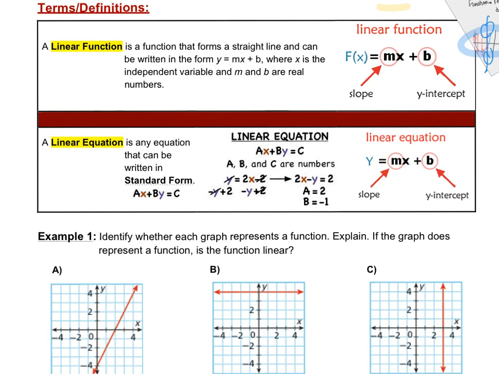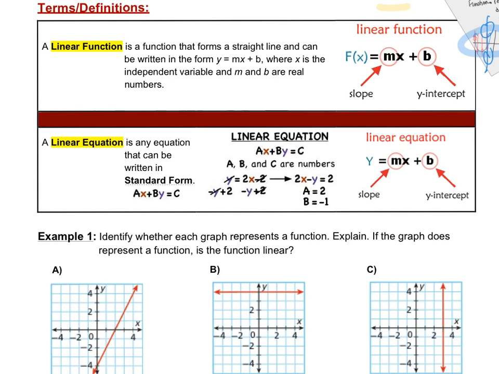A linear equation is the same thing. It's like a linear function. The difference is that instead of having f of x, it is written in standard form. So a linear function is a function that would be y equals mx plus b, where instead of writing y equals, you could just write f of x equals. Remember, it means the same thing, but you'll often see it with f parentheses x, which means function of x.